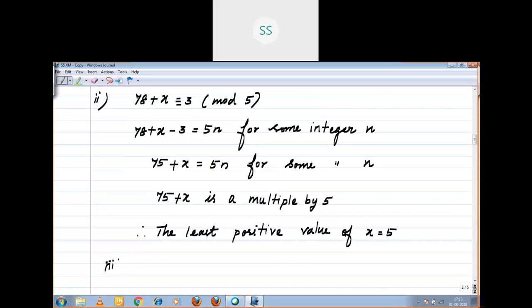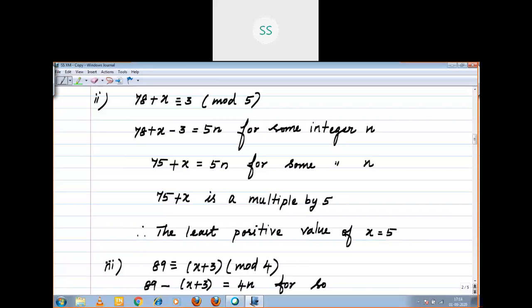What is the third subdivision? 89 congruent to x plus 3 modulo 4. How to write, children? 89 minus (x plus 3) equal to 4n. Any variable you can assign, for some integer n.